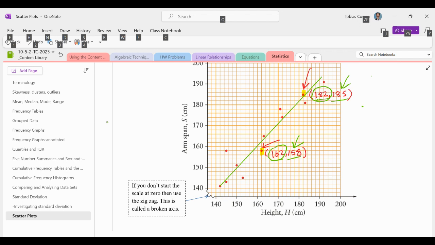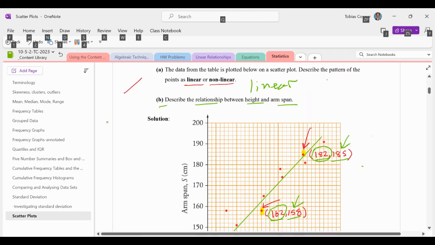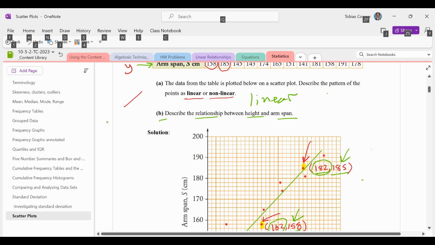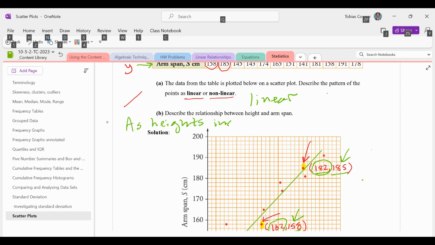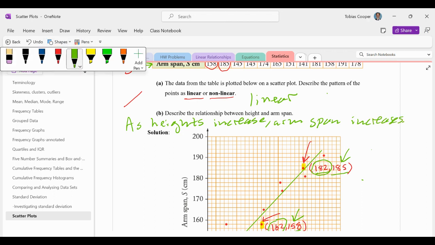So let's write that down: as height increases, arm span increases.